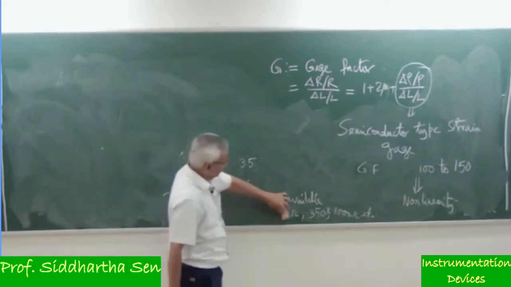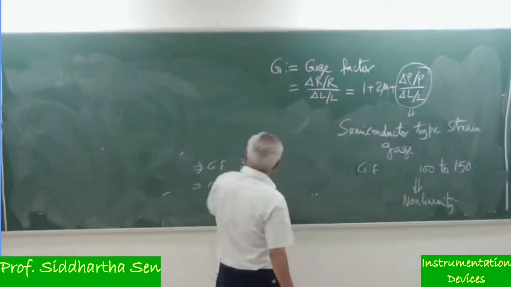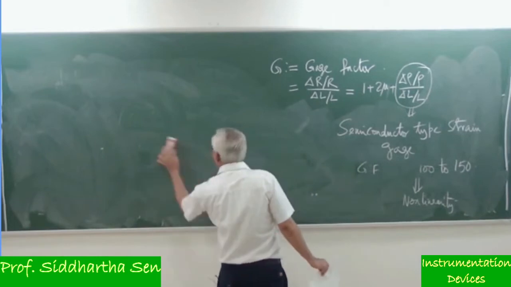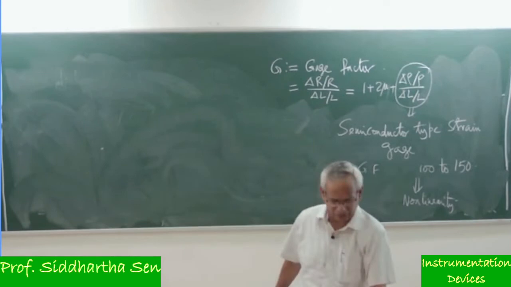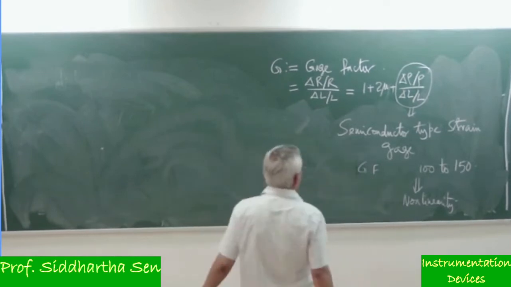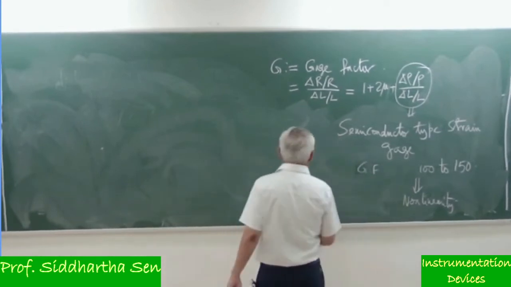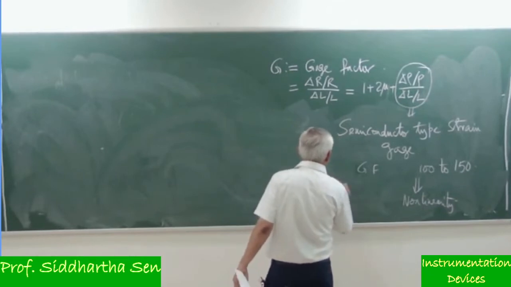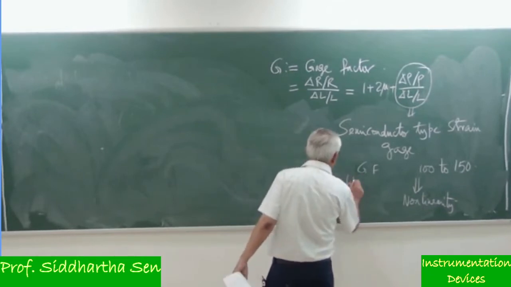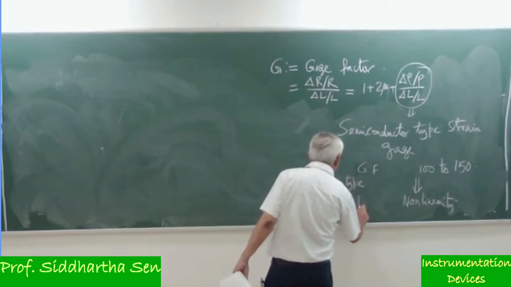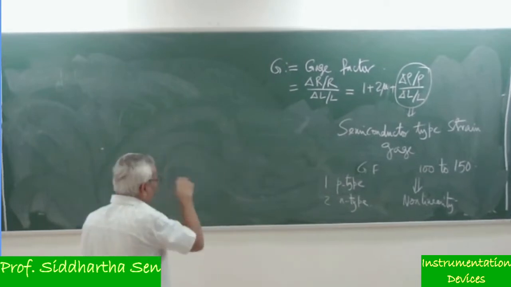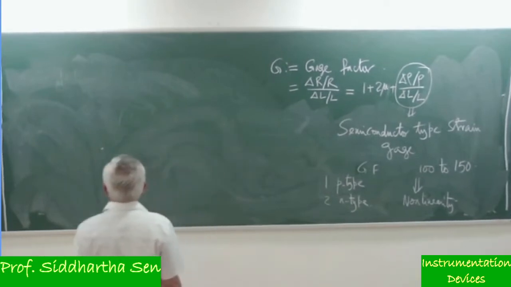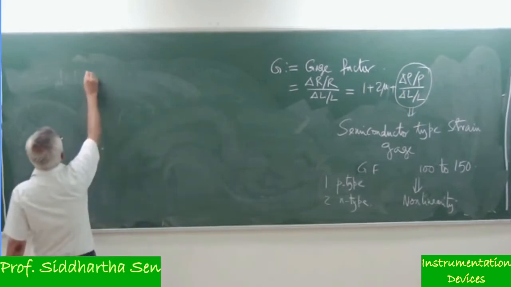So we can have a strain gauge of P-type and N-type, and obviously it depends upon the doping. Their characteristics are also interesting.